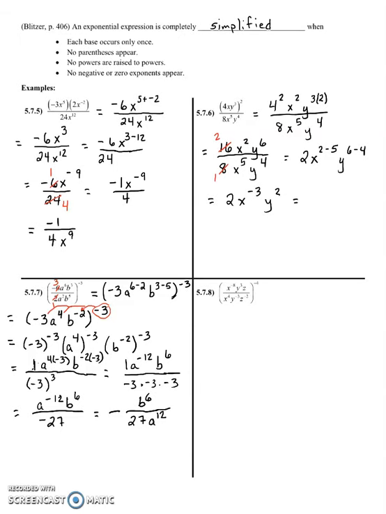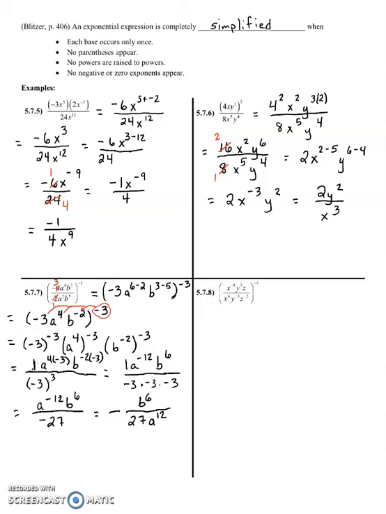And we don't like to have negative exponents in our final answer, so we need to move the x to the negative 3 into the denominator. So we have 2y squared over x cubed.